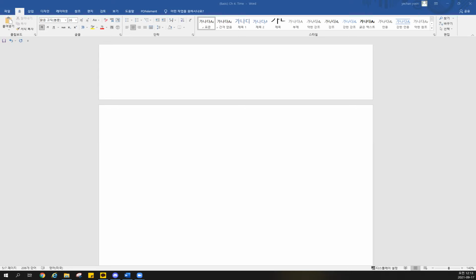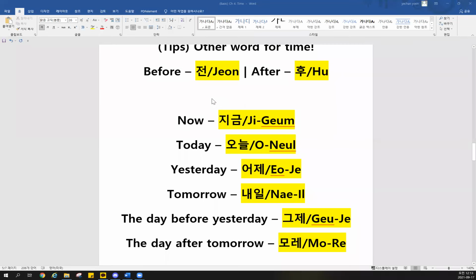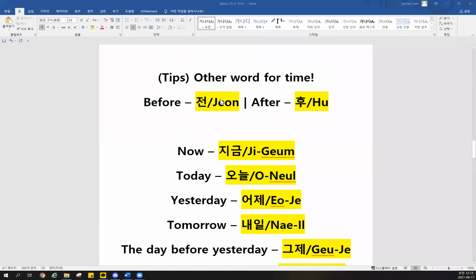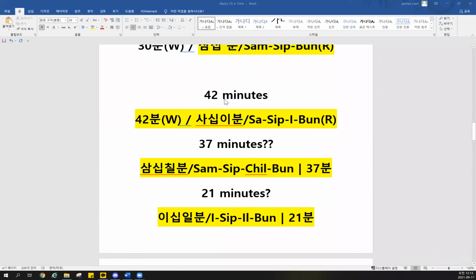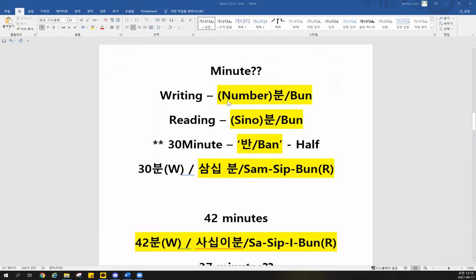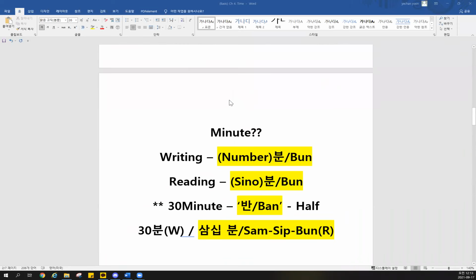All right, Kim Patma, why can't we use the native Korean on minutes? Actually, there's a promise to each other, and in Korea, in the government sense, the Korean language institute has a rule. In South Korea, they have promised that hours use native Korean, and minutes have to use the Sino version.